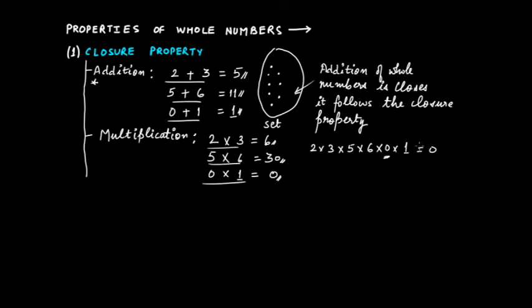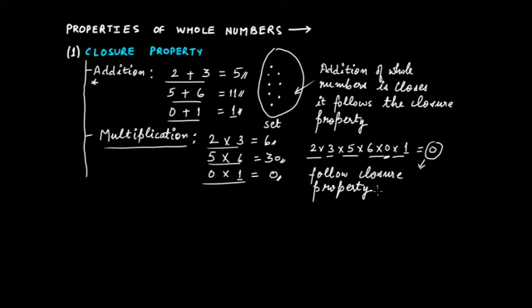I just wanted to explain that if you multiply whole numbers, then the resultant answer would also be a whole number, and therefore even multiplication of whole numbers follows the closure property.